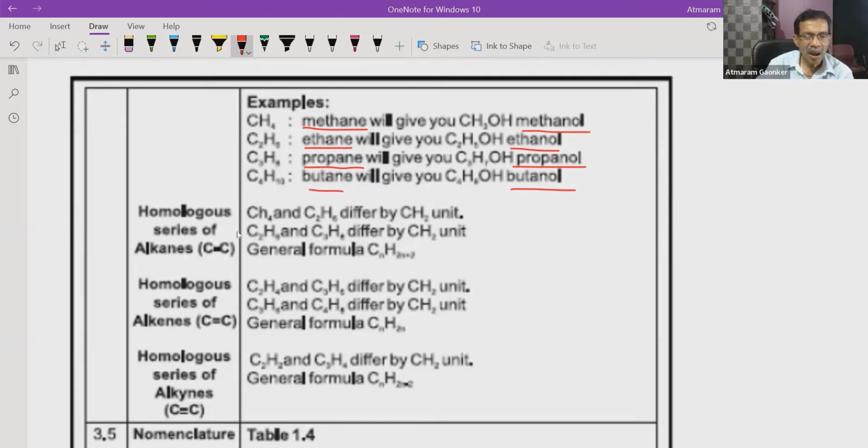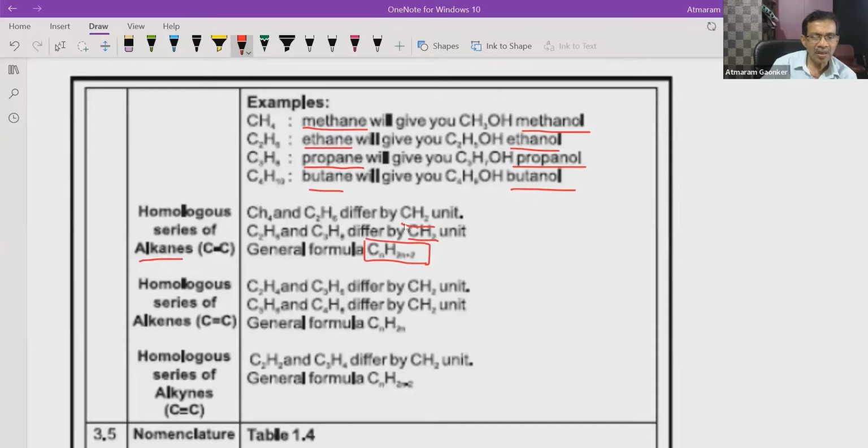Then let's see a homologous series of alkanes. CH4, C2H6, or in general formula, it is CnH2n+2, which I had already told you. So the difference between CH4 and C2H6 is a CH2 unit. The difference between C2H6 and C3H8 is a CH2 unit.